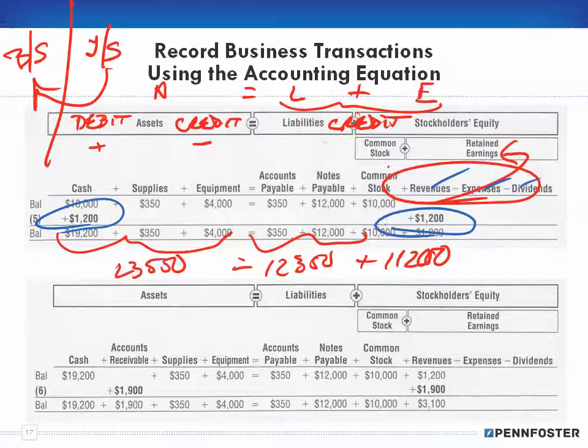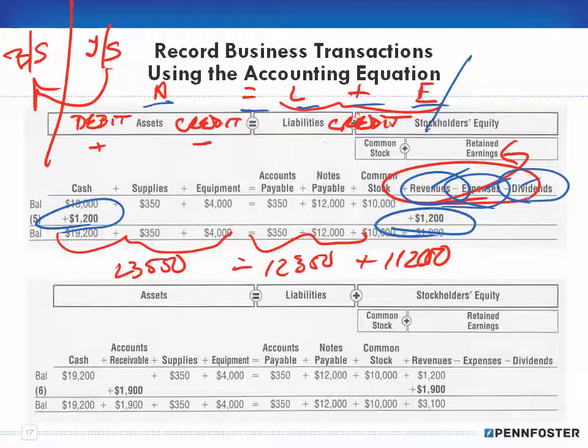And the other thing I wanted to take away from the previous video was the difference between the accounting equation, which is assets equals liabilities plus equity, versus the extended accounting equation, which includes the revenues, expenses, and dividends.